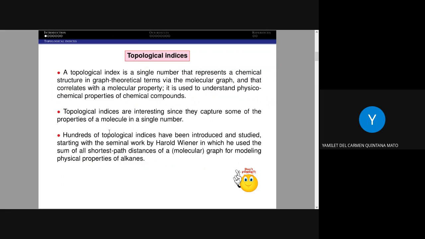Hundreds of topological indices have been introduced and studied, starting with the seminal work by Professor Harold Wiener, in which he used the sum of all shortest path distances of a molecular graph for modeling physical properties of alkanes.